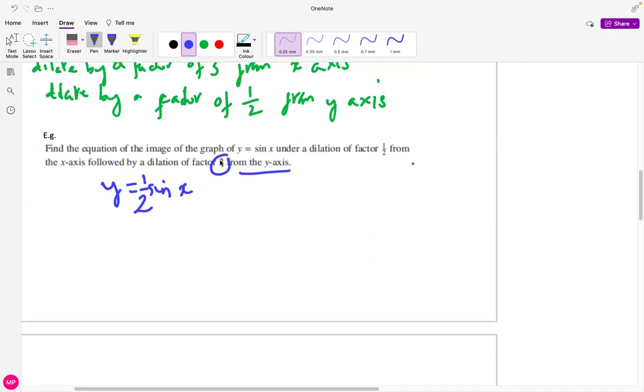Oppositely, if it is 2 here, I flip it over and it becomes 1 over 2 in the equation. So the letter x here, I replace with 1 over 2 times x, okay? And everything else I write again. So y equals a half psi of a half of x.